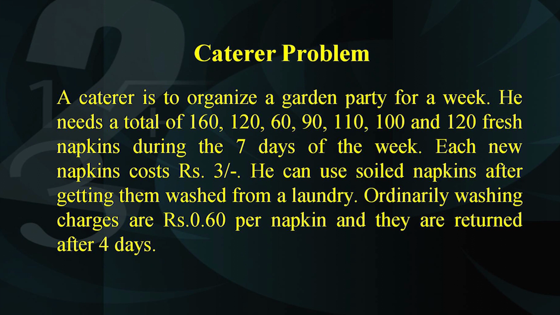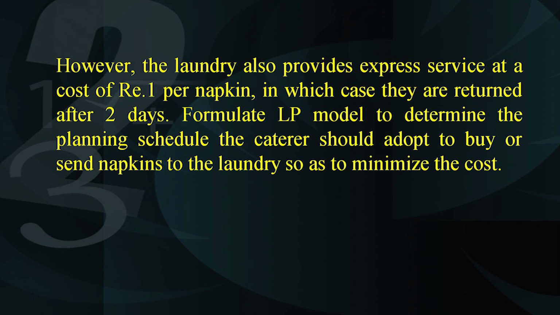Ordinarily, washing charges are 0.60 per napkin and they are returned after 4 days. However, the laundry also provides an express service at a cost of rupees 1 per napkin, and in which case they are returned after 2 days.